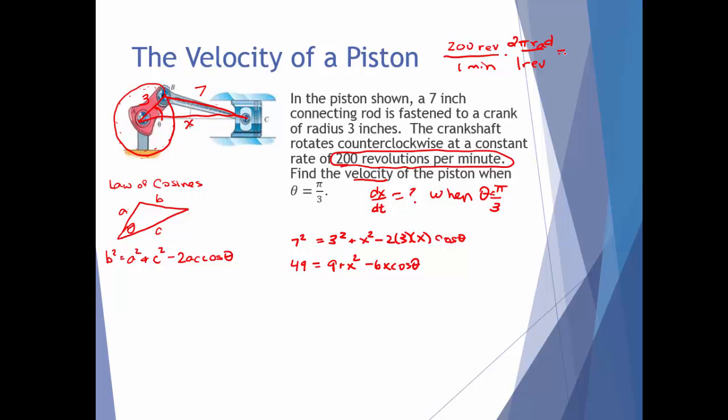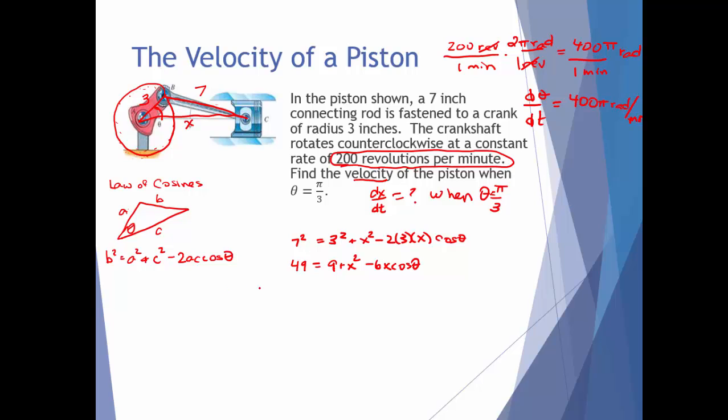Labels cancel the same way numbers do. So here, revolutions will cancel revolutions, and what you'll end up with is something measured in radians per minute, and that's perfect for us. That's 400 times pi per 1 minute, and that's radians. So in other words, that is how the angle changes with respect to time. That is d theta dt. d theta dt is 400 pi radians per minute.